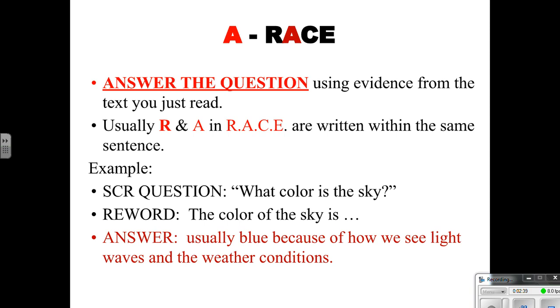So the color of the sky is usually blue because of how light waves and weather conditions occur. Notice I even shifted it a little bit. I took out that we, because when we're writing constructed responses, we want to eliminate first person usage like I, me, my, and we, things like that.